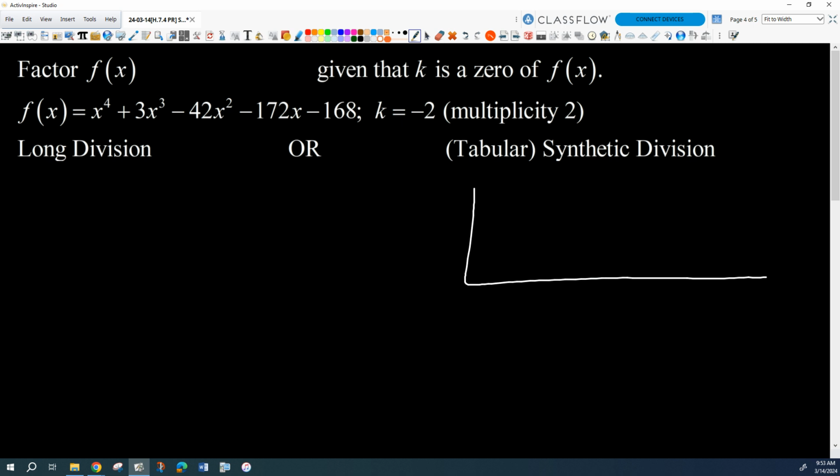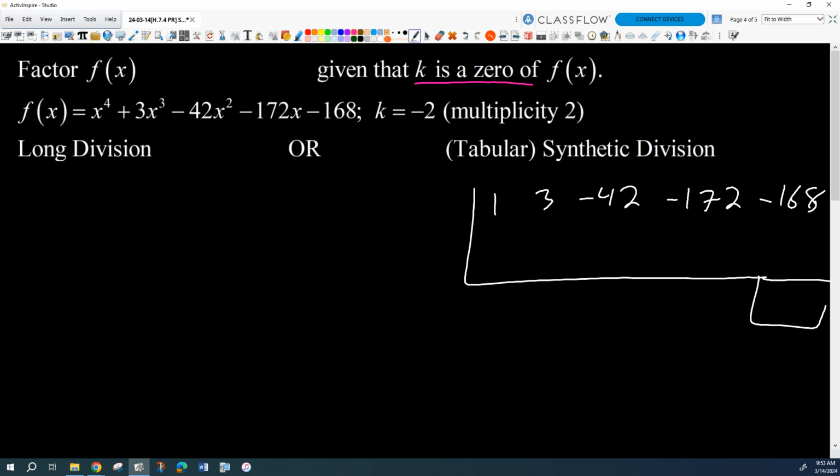What goes in my top row of my bracket? 1, 3, 3, -2, -172, -1. I don't like how big these numbers are. Those are big numbers, yeah. Okay, we already know what we need to get in that remainder box. What is it? 0, yeah.